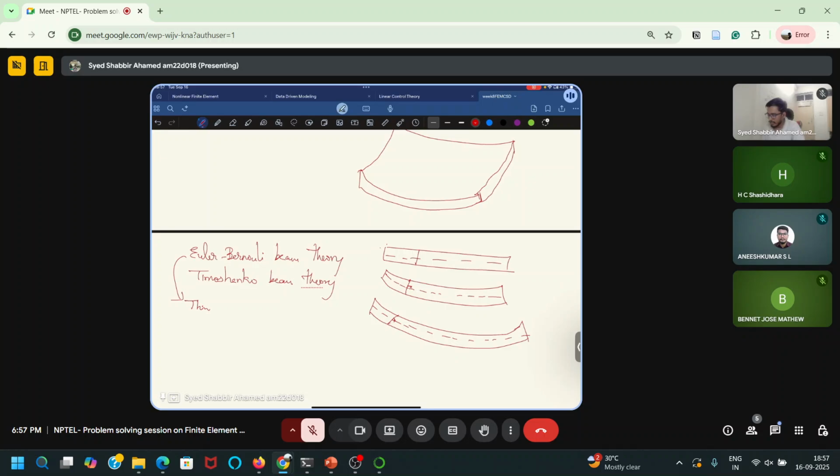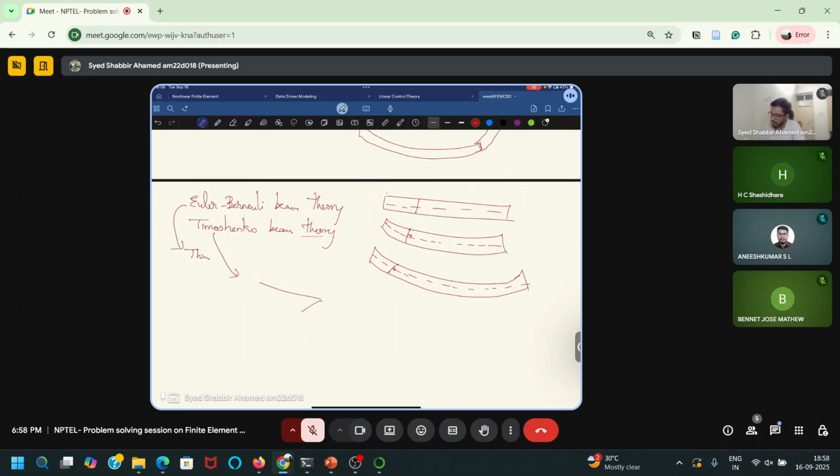and if I have a thick beam, I cannot neglect shear deformation. Let's say I have a beam like this with very high depth, I cannot neglect shear deformation.